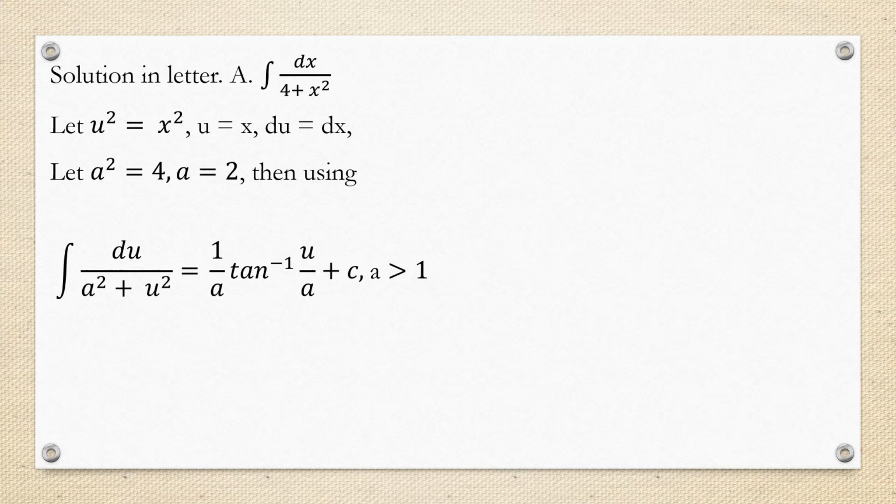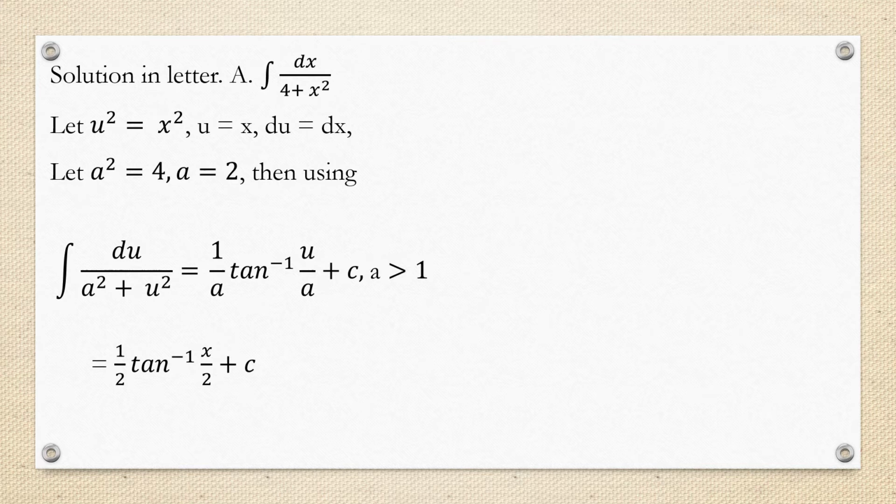So we have 1 over 2, because our a is equivalent to 2. Then we have tan inverse, wherein our u is x, over a, which is 2. Then we have c. As you can see, our c here refers to the constant.